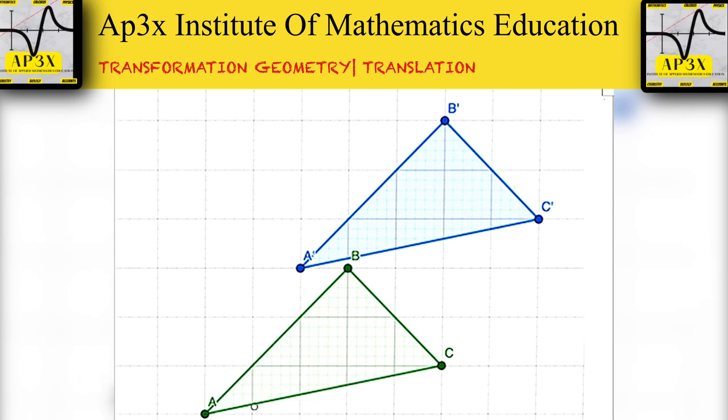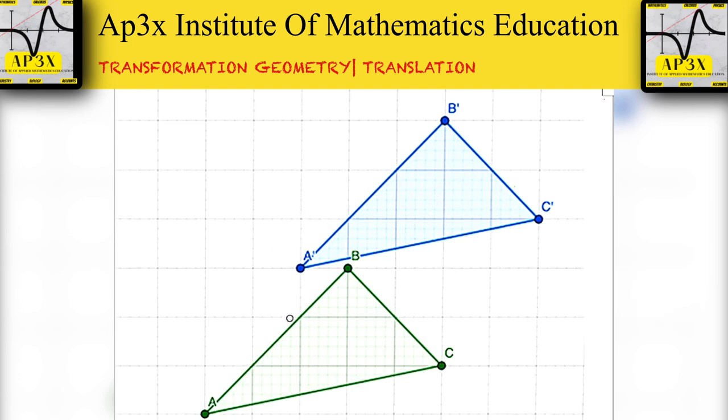So we're not very concerned about the coordinates of A or B or C, nor are we concerned about the coordinates of A prime, B prime, and C prime. What we're most concerned about is recognizing whether a translation takes place compared to that of a reflection, a rotation, an enlargement, or a combined transformation.